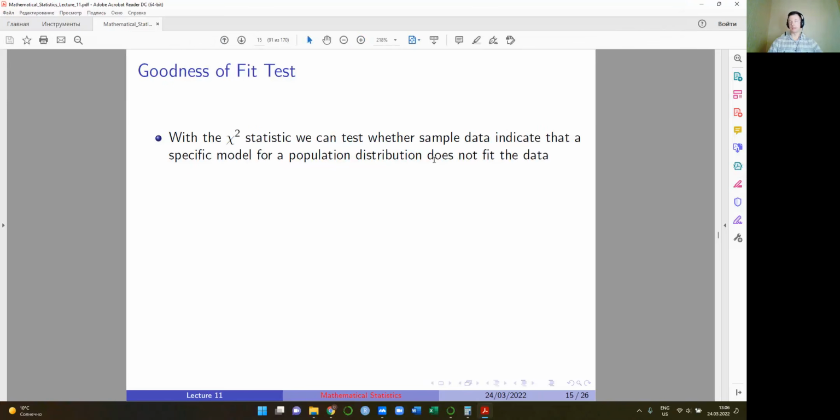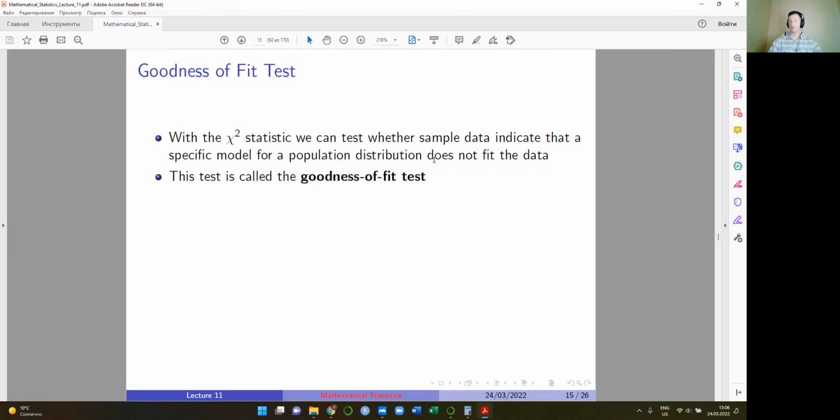Well, basically with the help of this chi-square statistic, we can test if the sample data indicates that some model for a population distribution doesn't fit the data. You remember we always assume, or in most of the cases we assume, that the data is normally distributed.